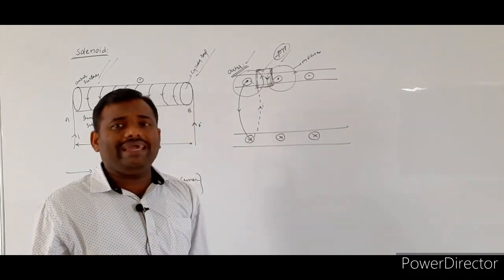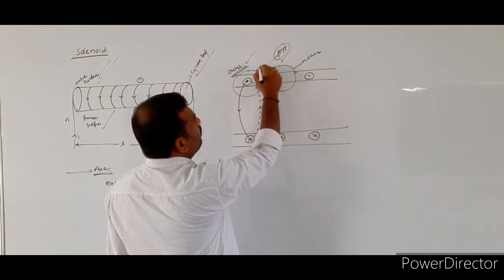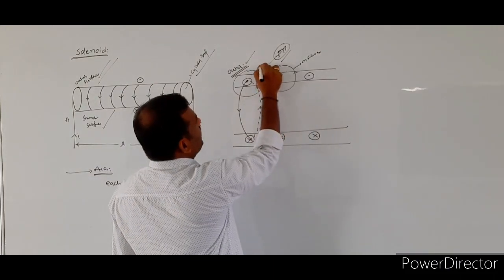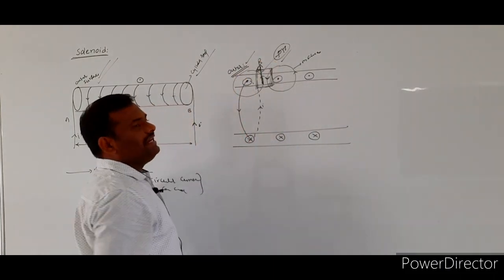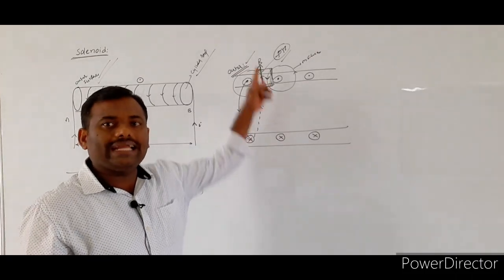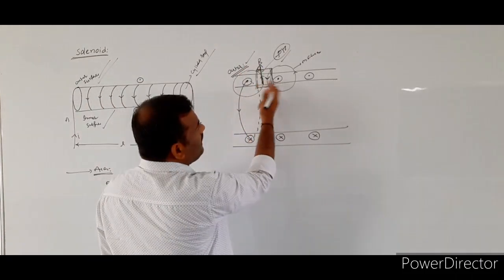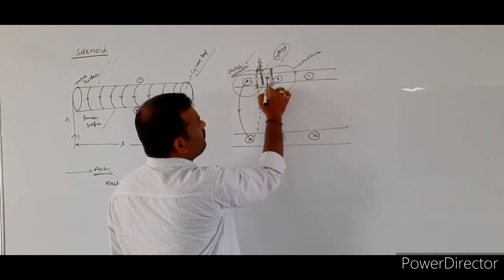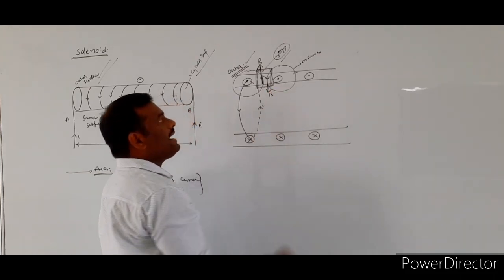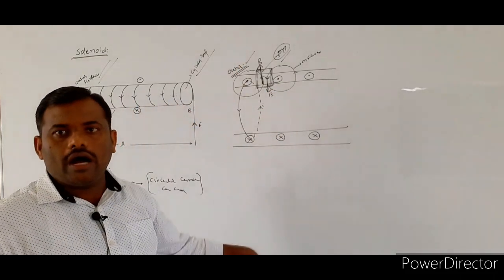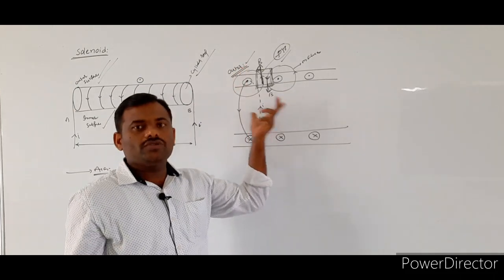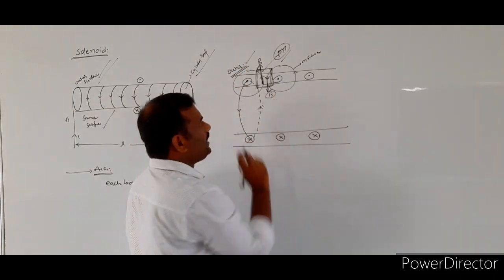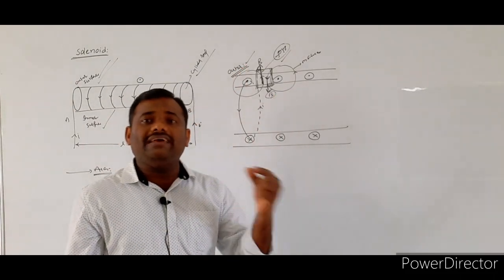Why will the magnetic field be cancelled out? At this point, if you draw the tangent, that gives the magnetic field intensity. If you draw one more tangent for the adjacent loop, the direction of the magnetic field will act opposite to that of the first loop, with the same magnitude of magnetic field intensity.